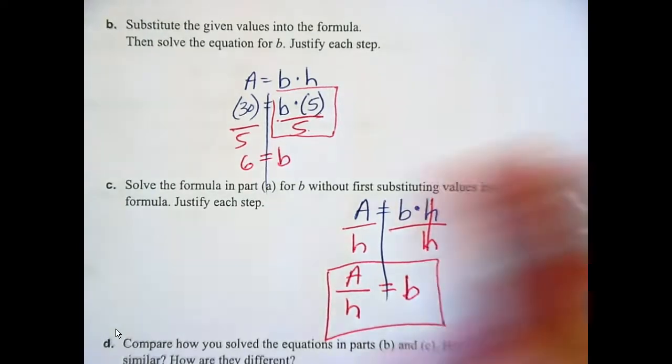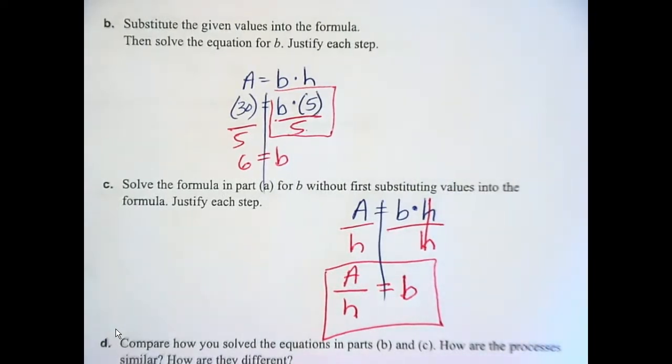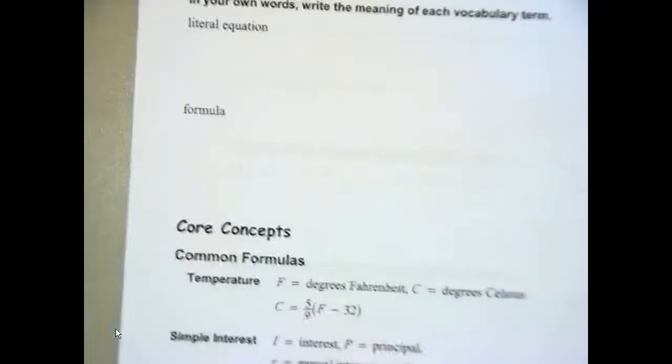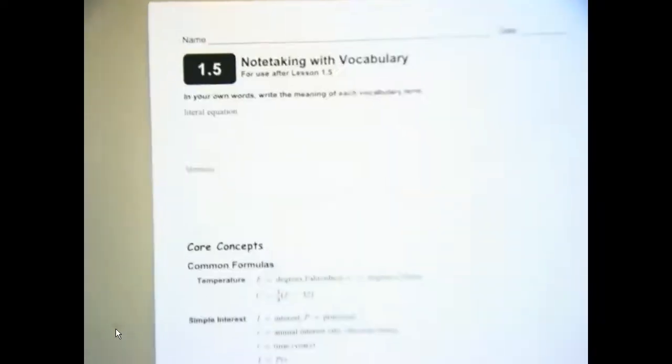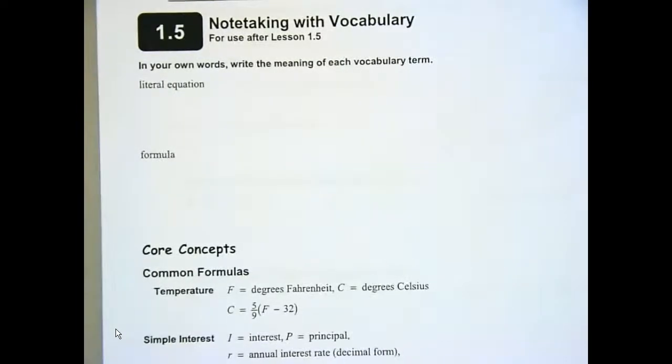So the process, like on D, obviously without a number, you have to use just a letter, but you're still doing the same math. Still solving for B. All right, those are called literal equations. A literal equation is an equation where you're just dealing with the variables. Okay? You're not necessarily coming up with a numeric answer.